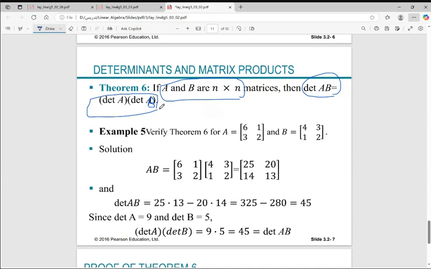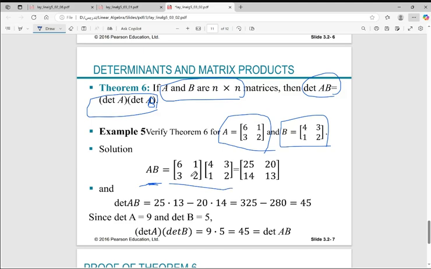Right, Doctor. Let's see an example of this theorem. A matrix like this, 6, 1, 3, 2. Here is a matrix like this, 4, 3, 1, 2. And what is AB? What is A times B?